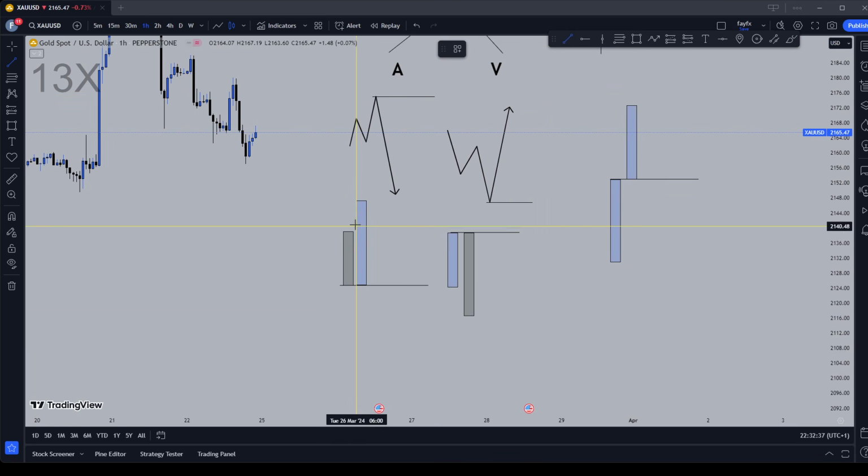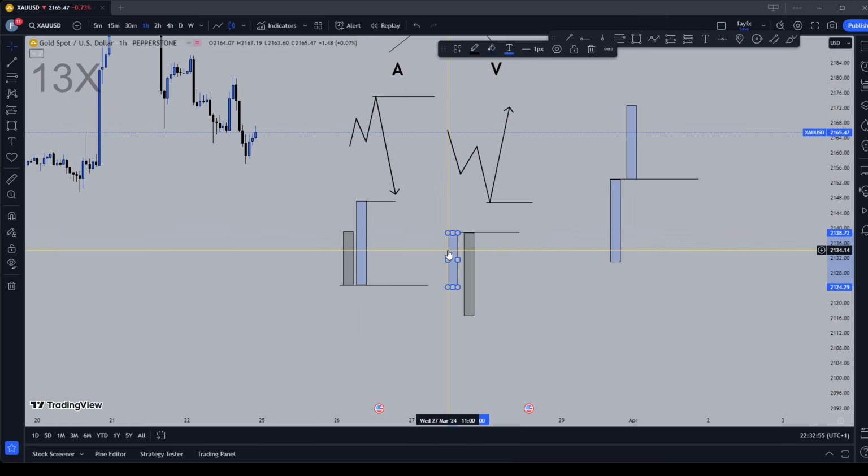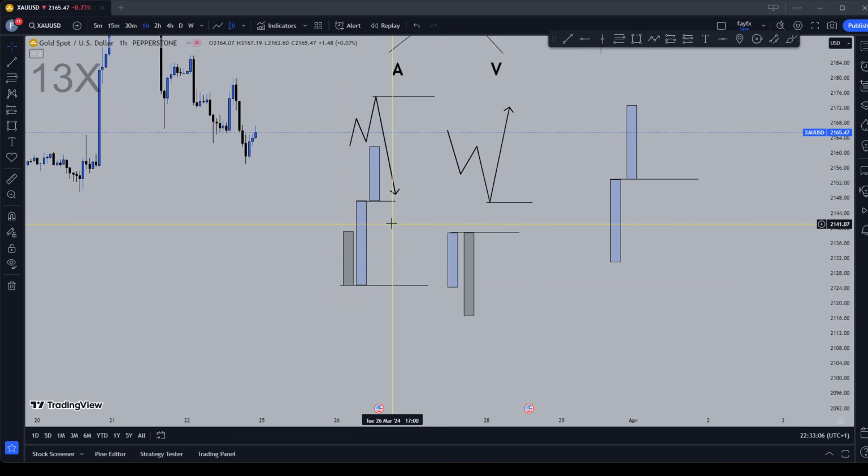Imagine that the current price is here and this candle doesn't close yet. We cannot say that this is available. We can only say that this is available after the closure of this second candle that forms this level.